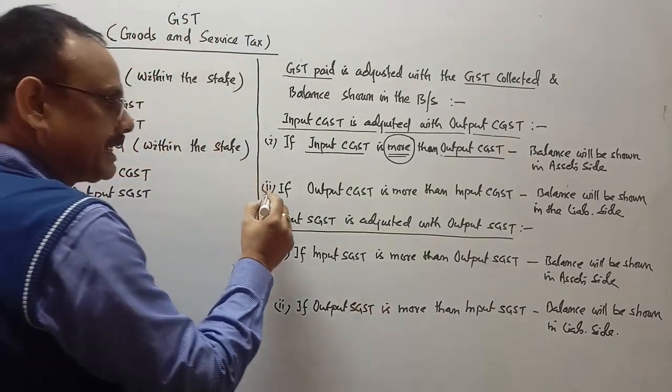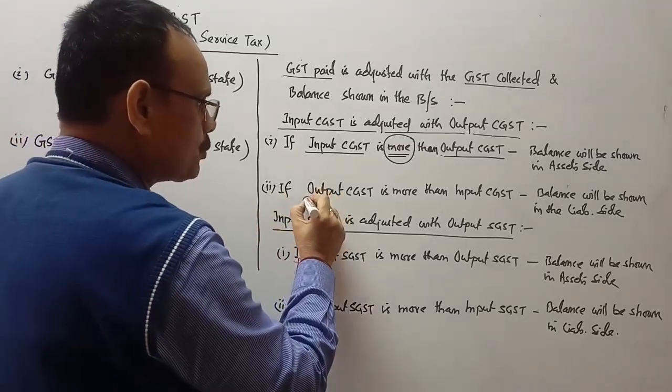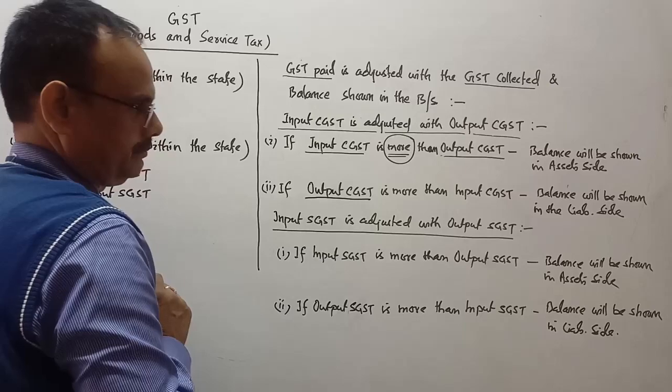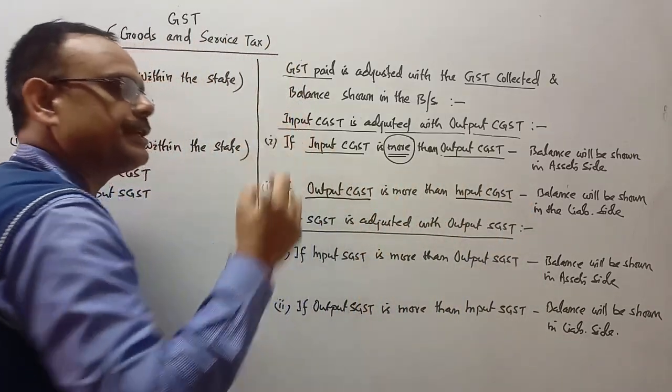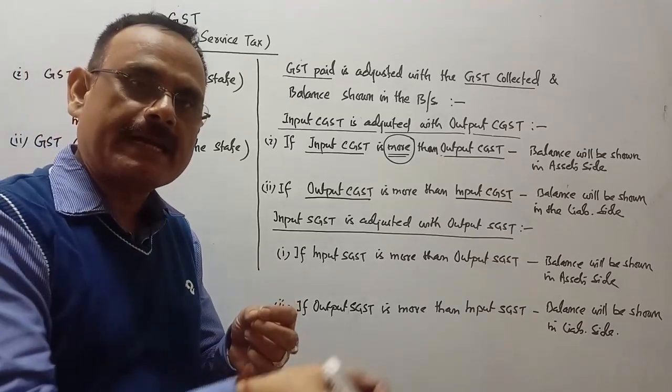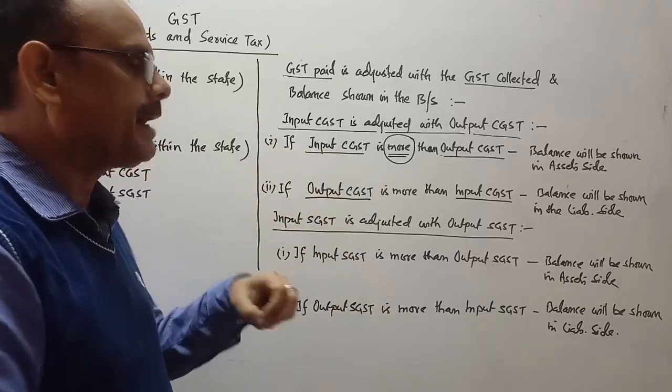Okay. Case number 2, if output CGST is more than input CGST, it means you have collected more central GST and you have paid less.